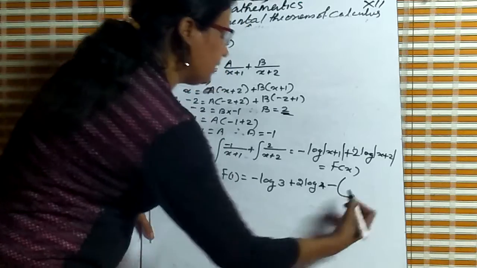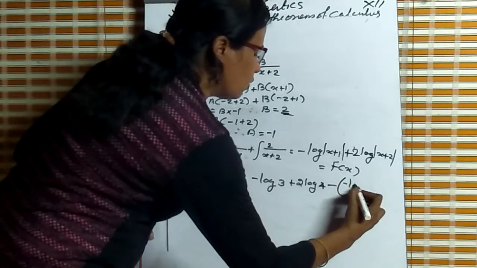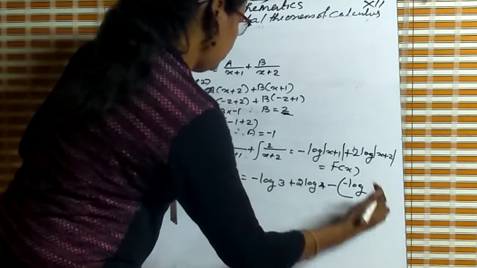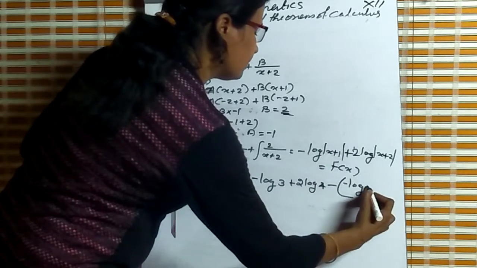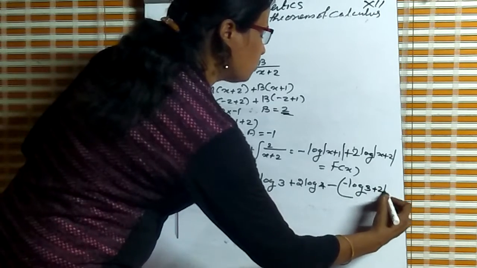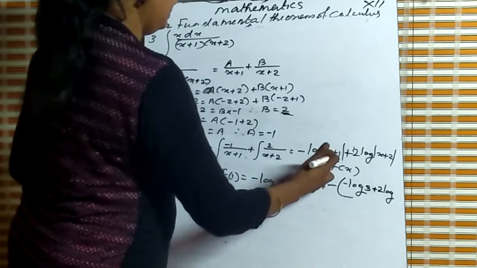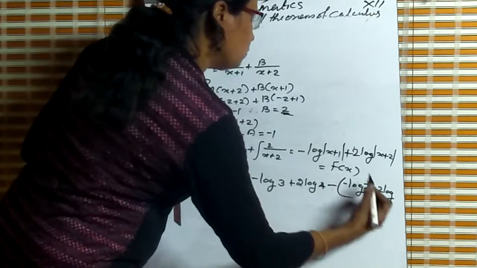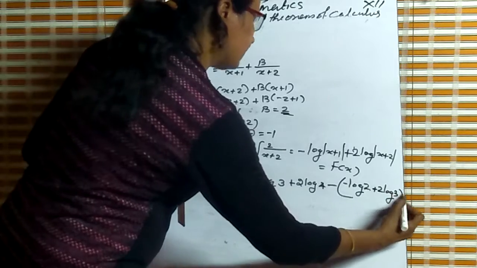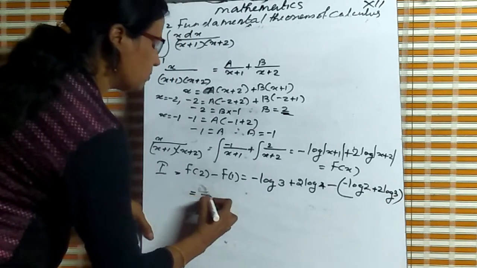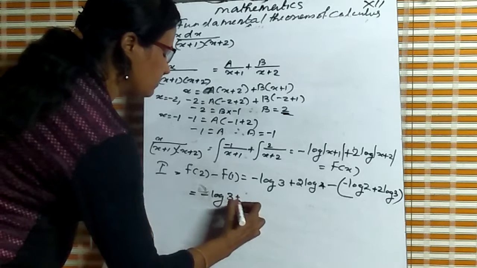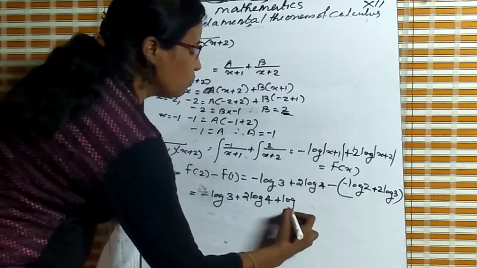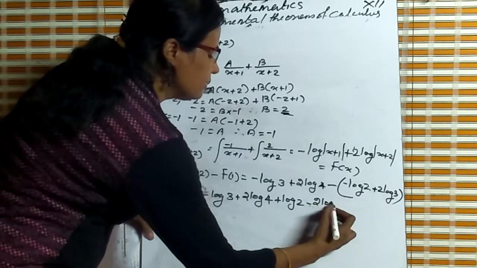Then the next value, minus of minus log, x is equal to 1: 1 plus 1, 2 plus 2 log 3, equals minus log 3 plus 2 log 4 plus log 2 minus 2 log 3.